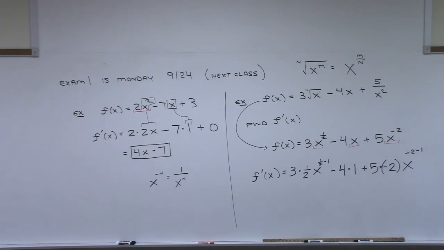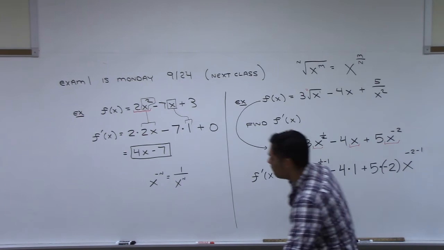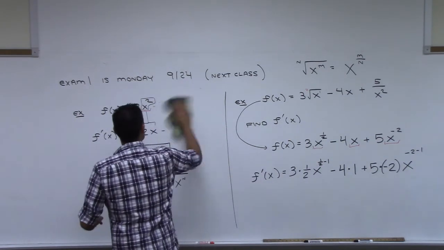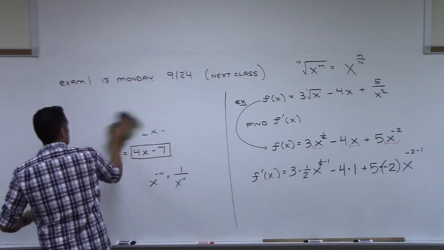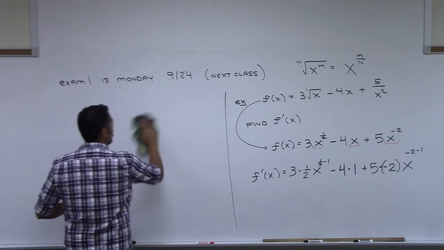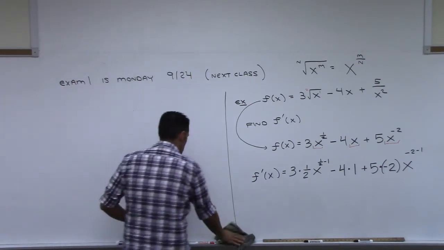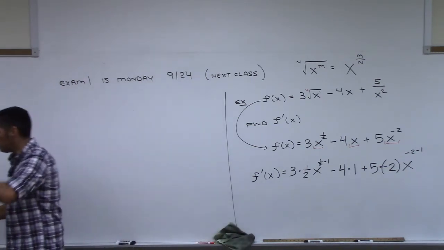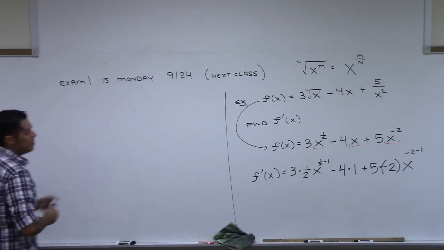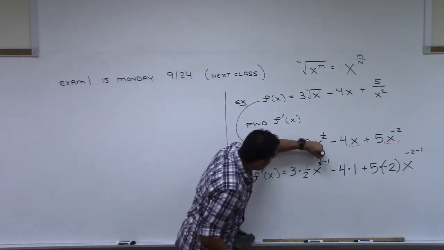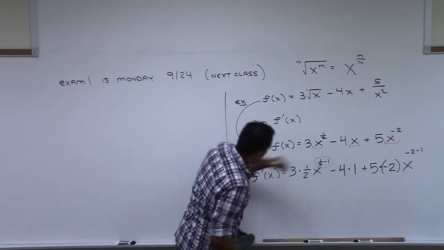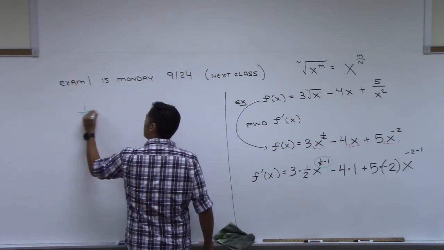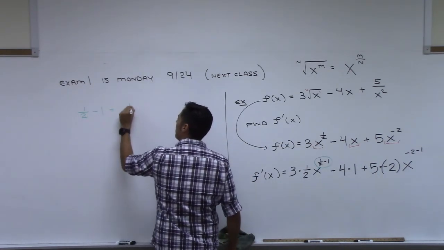Okay. So let's go and do these little side problems over here. I will not show all this work every time from here on out. I will just tell you, hey, yes, you've got to go to the side and do some work here. But just so you know what I'm doing, I'm taking this, and I'm going to do 1/2 minus 1, which is the same as, I need a common denominator.